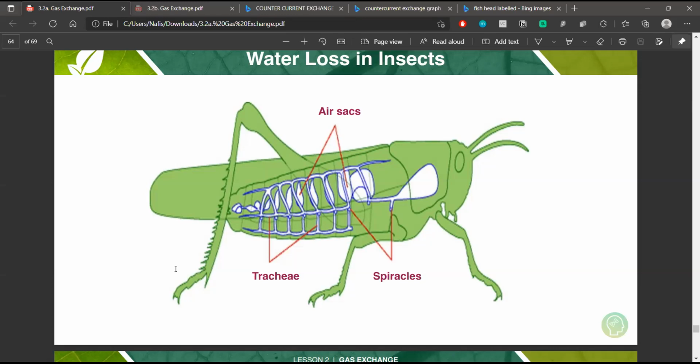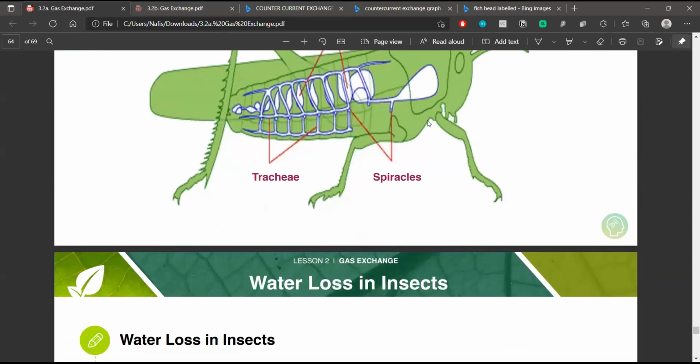Reducing movement. Why do you think that would help? Less movement, less metabolic demand for oxygen, potentially, but that's not going to reduce water loss per se.